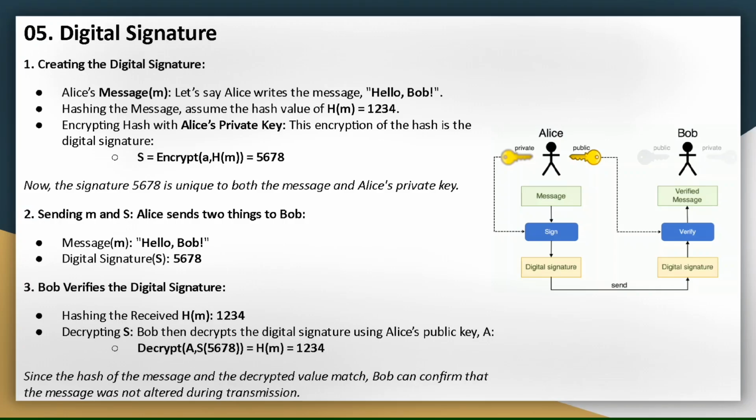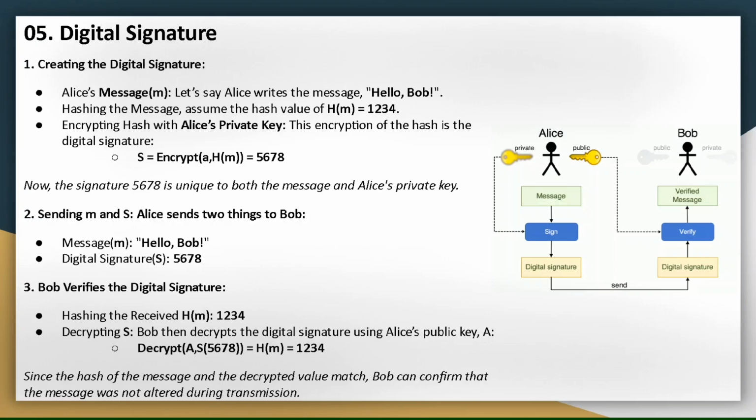You might be thinking, what is the point here? Anyone in the network can use Alice's public key to verify the signature made by Alice. The fact here is that verifying with Alice's public key involves the concept that the same message was encrypted using Alice's private key.